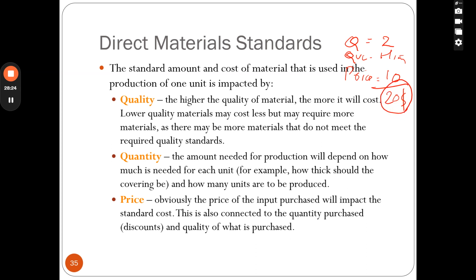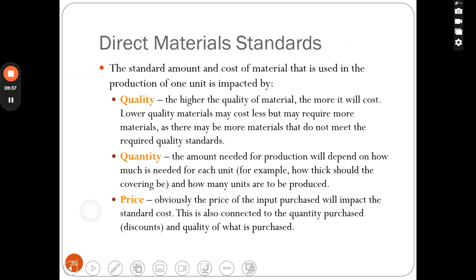Now at the end of the year, you can check, did I make my product at $20 or not? So that's what direct material standards are. Here we will check 3 things: quality, quantity, and price. The higher the quality of the material, the more it will cost.